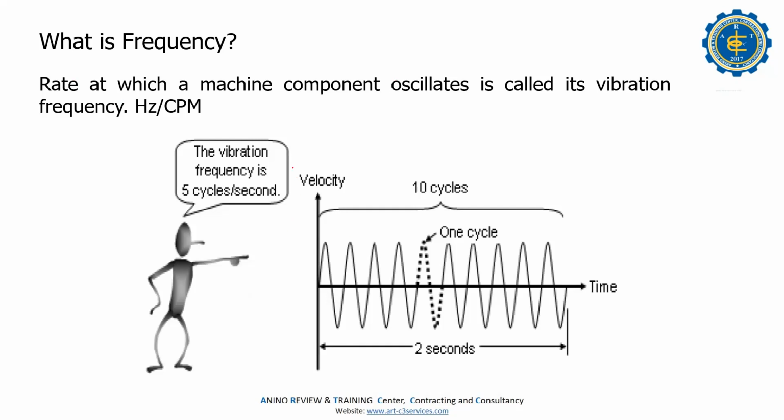Frequency is the rate at which a machine component oscillates, called its vibration frequency, in hertz. So if the vibration frequency is 5 cycles per second, that is 5 cycles per second. If we have 10 cycles, we have 2 seconds, divided by 2.